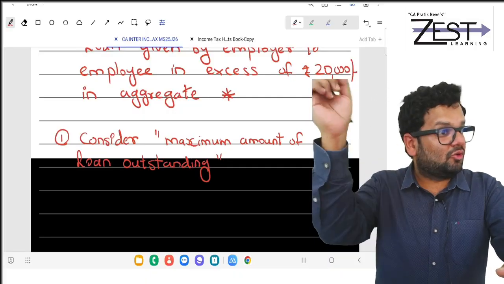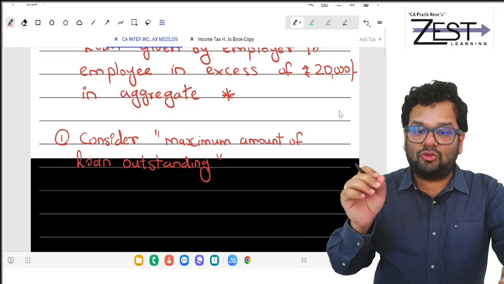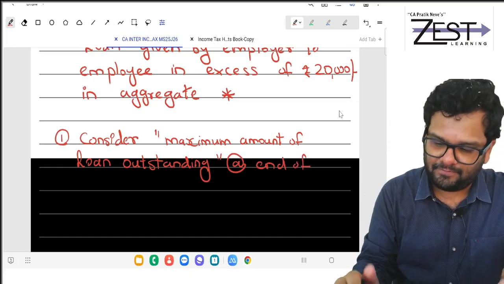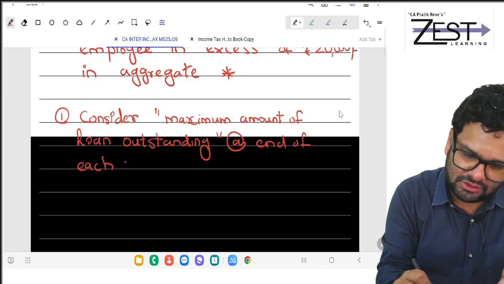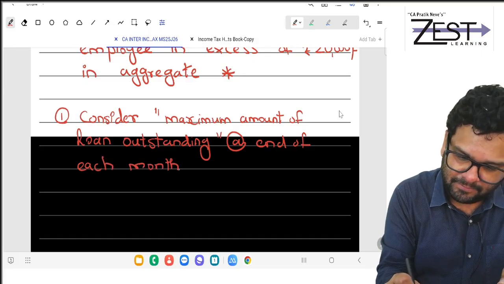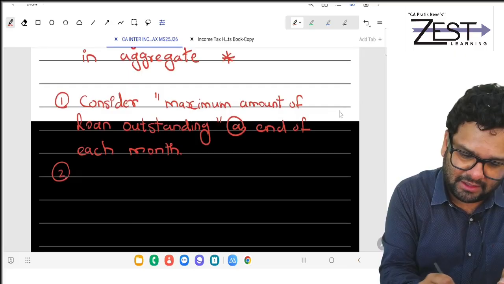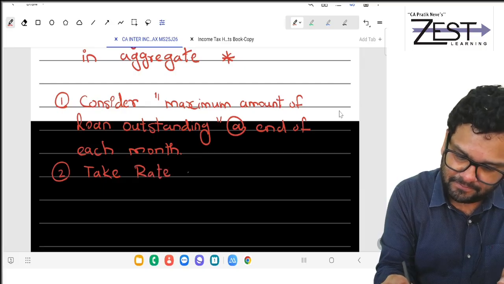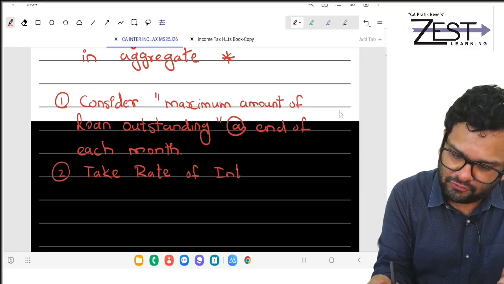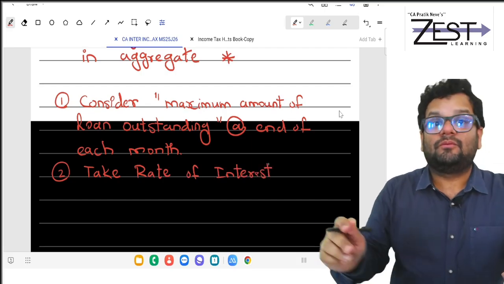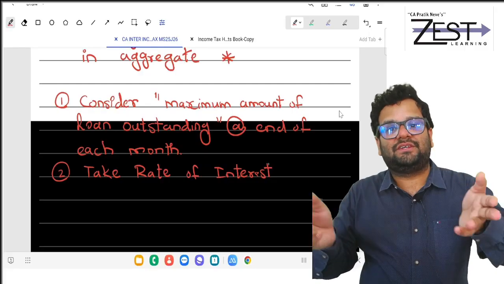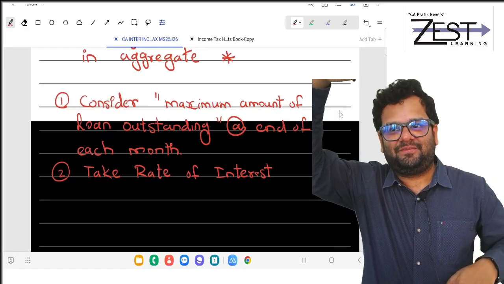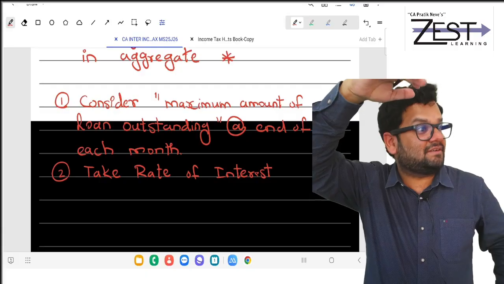That's why you consider the maximum amount of loan outstanding at the end of each month. And second point, you have to take the rate of interest. Though you are getting the loan free or at concession, you have to take a benchmark interest. Which bank's interest rate will be the benchmark?